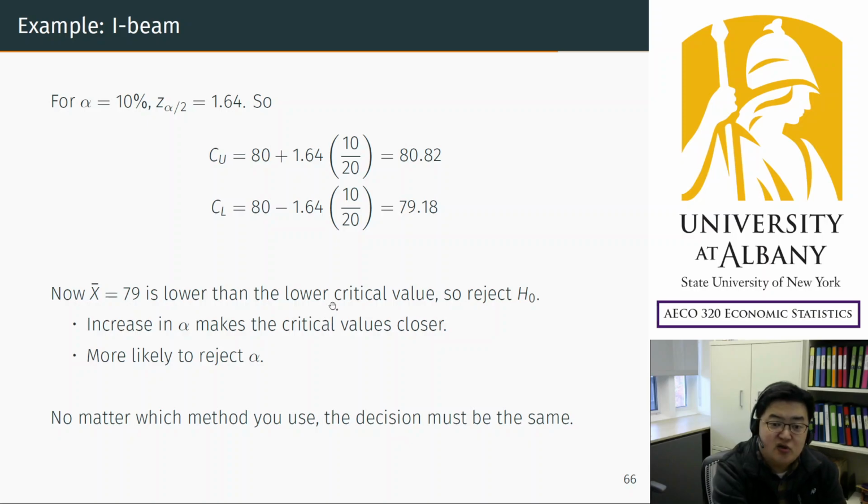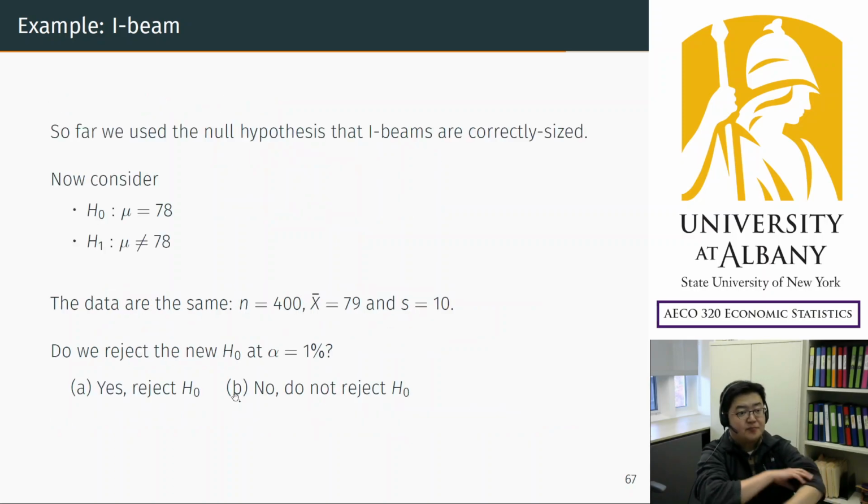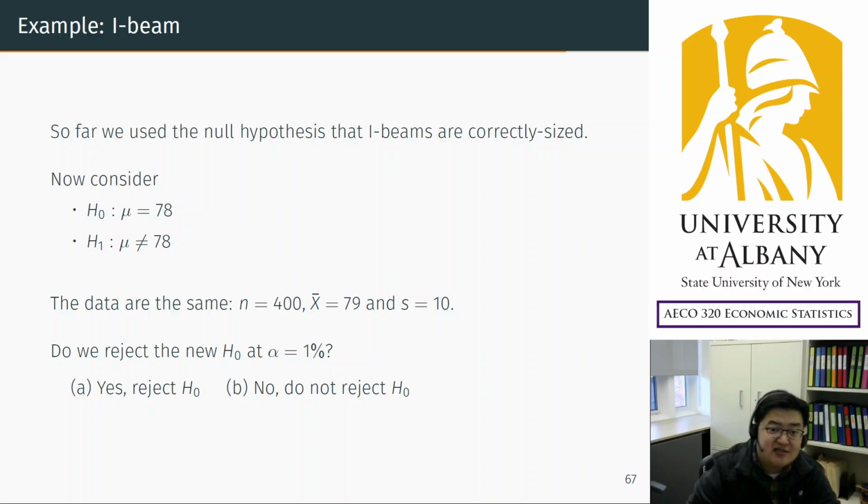Okay, final numerical example. One last remark: no matter what method you use, the result should be the same, right? And if not, something is wrong. Okay, so last question. Now, I'm going to change the hypothesis this way. Earlier the null hypothesis was that the I-beams are the correct size.